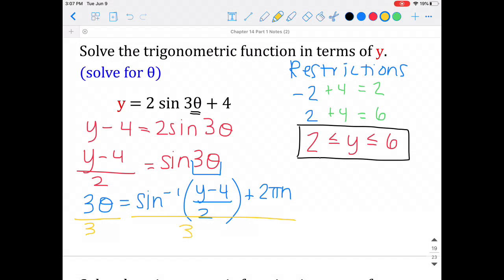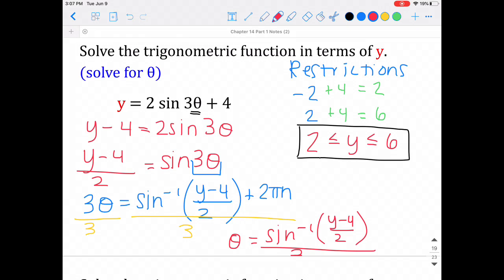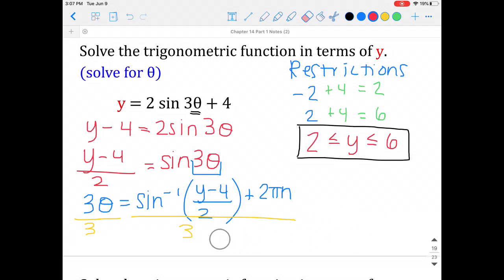Now, from this point, to get theta by itself, we're going to divide both sides by 3. And when we divide both sides by 3, we are left with theta equals inverse sine of (y minus 4) over 2 divided by 3. Running out of room a little bit down there. Let me rewrite this so that you can see it.